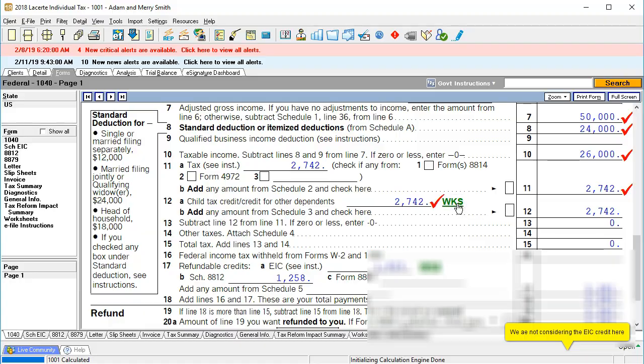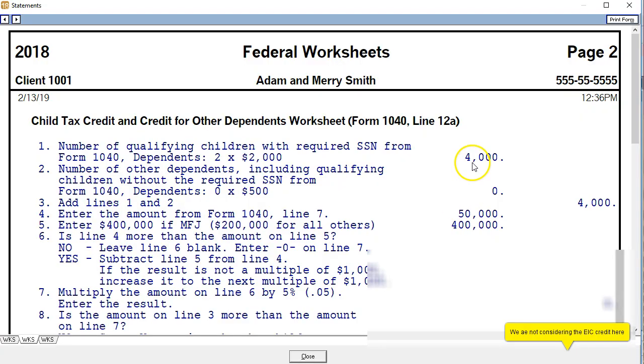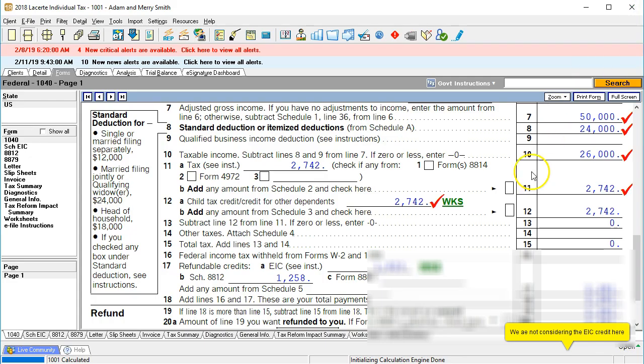The child tax credit, if we look at the calculation, would be 4,000. But we're not going to get the full 4,000 because now we only have a liability of 2,742. So this 2,742 brings it down to 0. We don't get the full 4,000. Plus, we might get an additional child tax credit, which we'll talk about that calculation down here later.